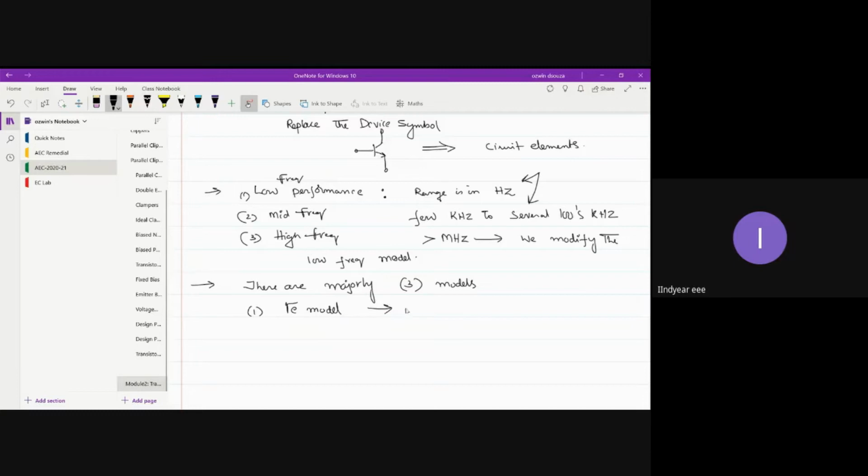Right here I'll tell you why it is called the RE model. This RE model is basically derived from diode resistance. In the case of a diode circuit, the AC resistance or the effective resistance, small re, can be given as 26 millivolt divided by the DC emitter current IE.